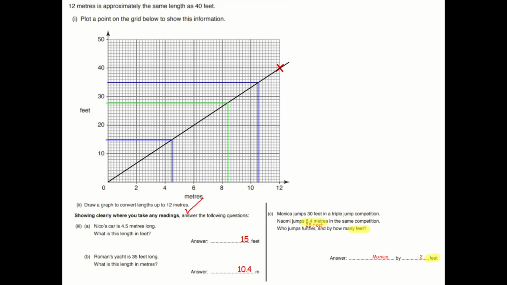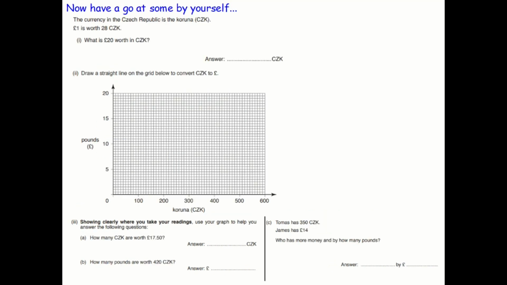Okay, there are some examples for you, and here is a question for you to have a go at by yourself. I appreciate it's quite difficult to do this, so you might need to print it out or draw it out as best you can.